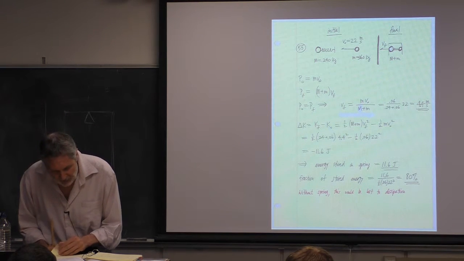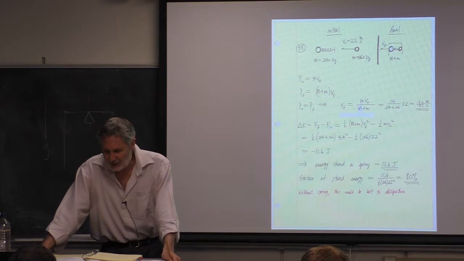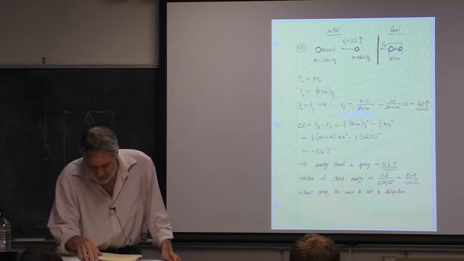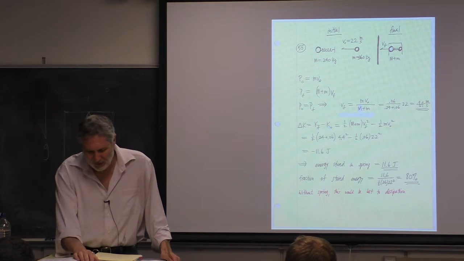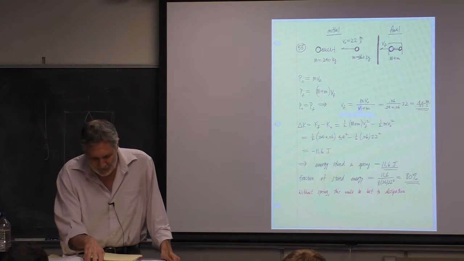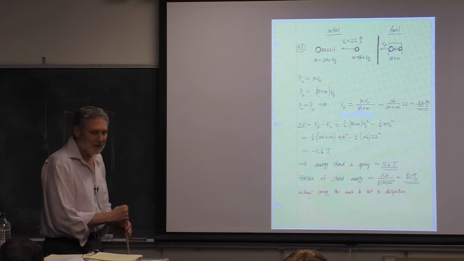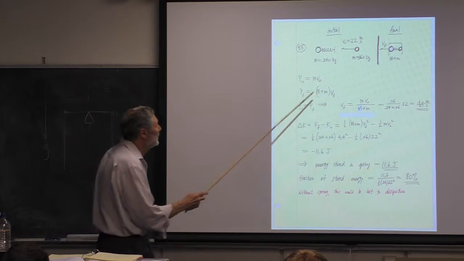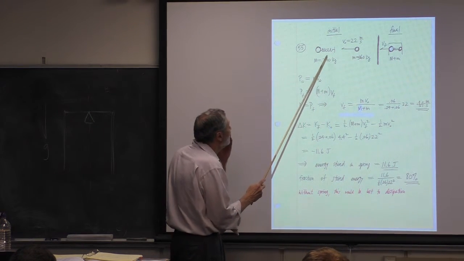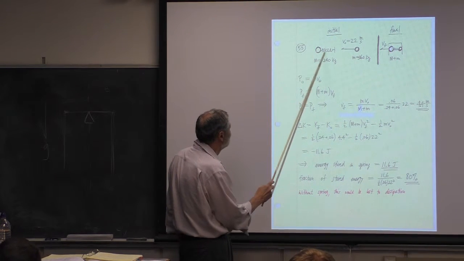Okay, so here's another collision problem. This is problem 55, and it's like a toy cannon. If you look at the numbers here, these are small masses. So the physics of the situation is that we have this projectile, a mass, coming in, and it hits this mass and spring system here.